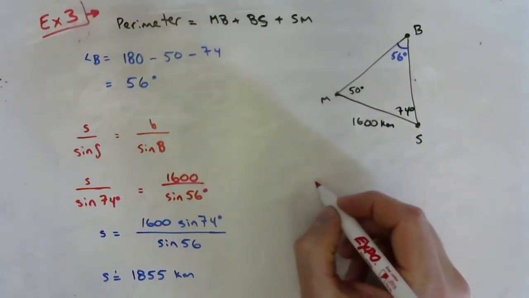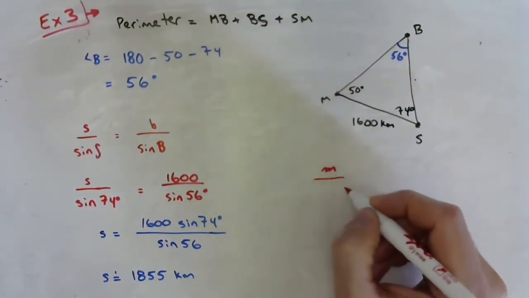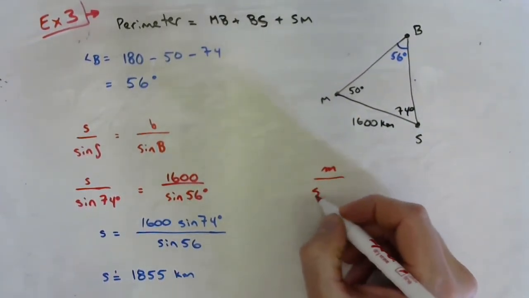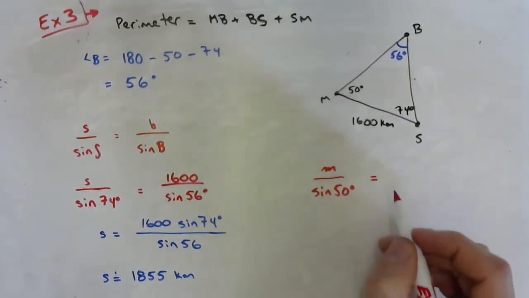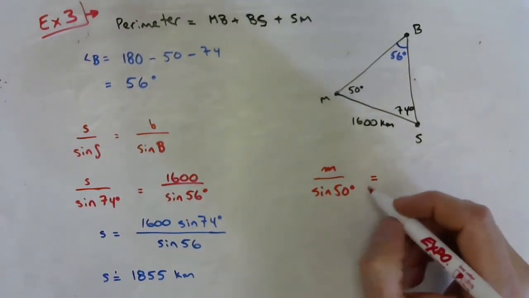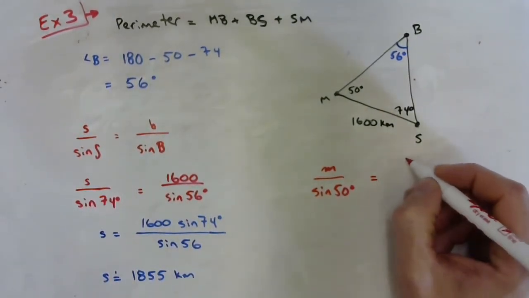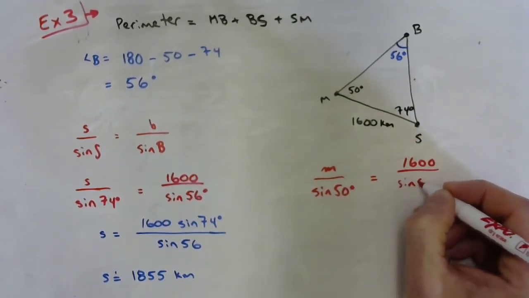But this time it's going to be equal to, because we're looking for side length M, our first ratio of M over the sine of 50 degrees. That's angle M. Notice I'm skipping the portion where I write the formula that I'm using. And our completed ratio over here is going to be the same, 1,600 over the sine of 56.